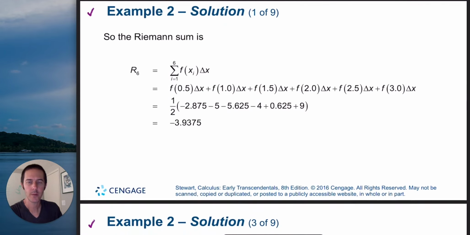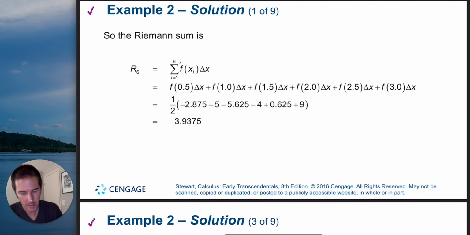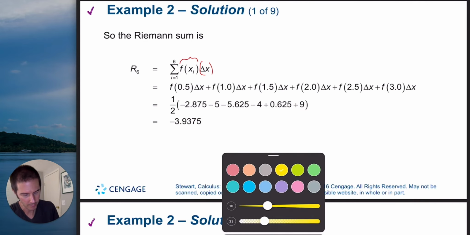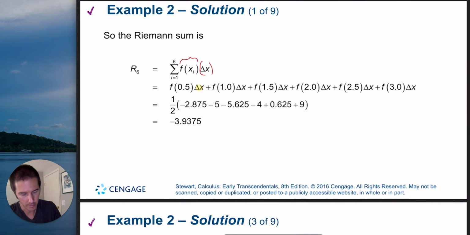Our Riemann sum is found by taking the height of each rectangle as determined by taking the right x coordinate of each rectangle, plugging it into the function, generating a corresponding y value. So that's the height of the rectangle. Delta x, of course, is the width of the rectangle, and delta x is consistent all the way across. In this summation, it's 0.5 or 1/2 over and over and over again, and you can see those 1/2s right here and here and here and here and here and here.